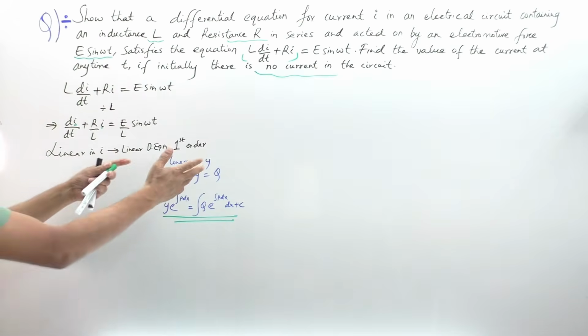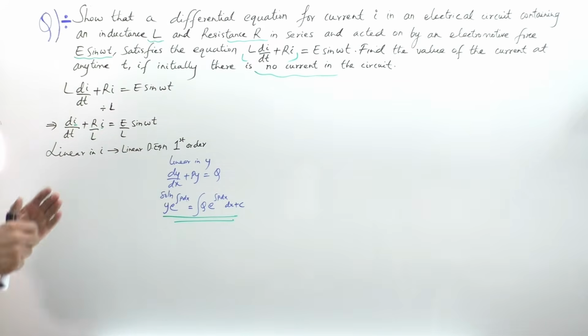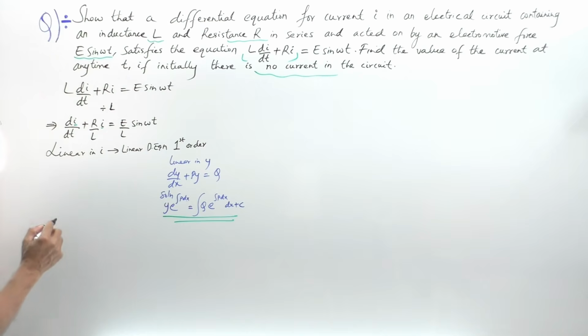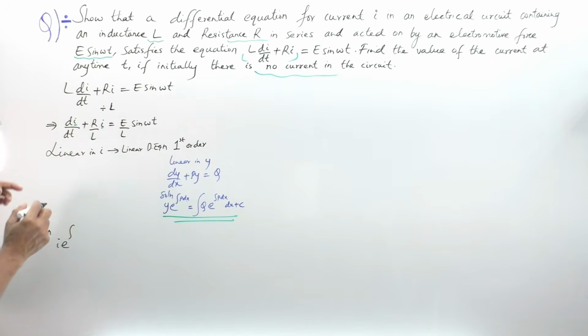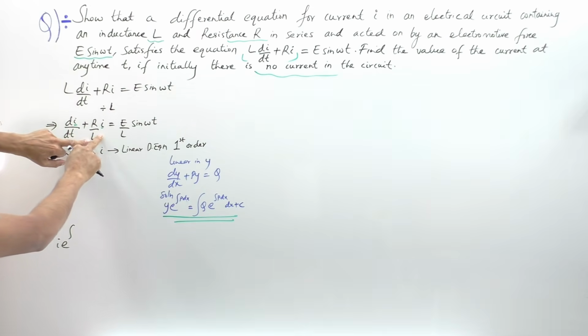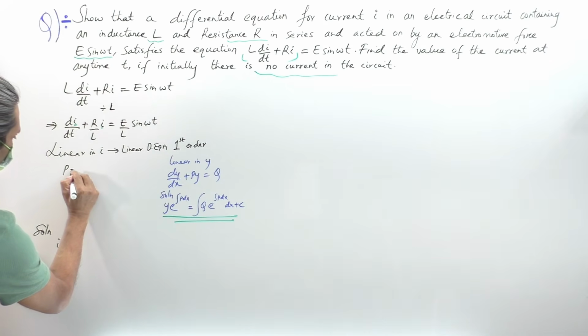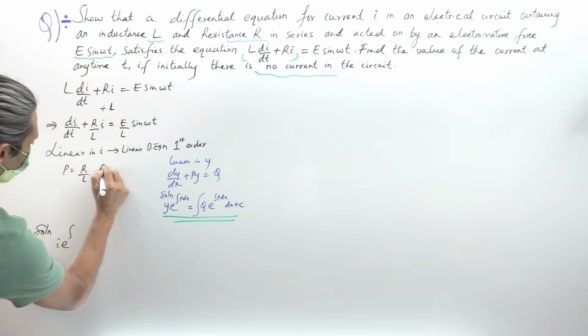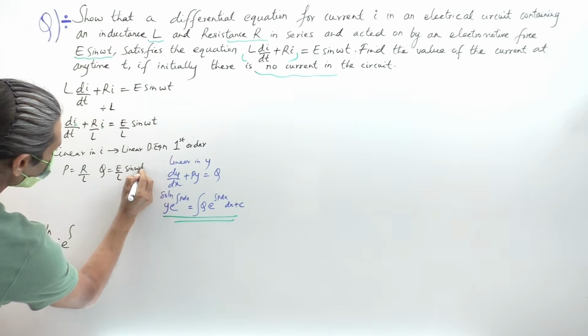So same theory I'll apply here. Here it is linear in I. So the solution here will be, y here is I, into e raised to integration of p dt, where p is R by L, and q is E by L sin omega t.